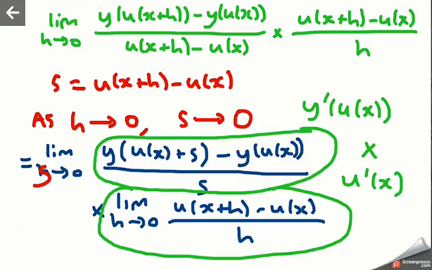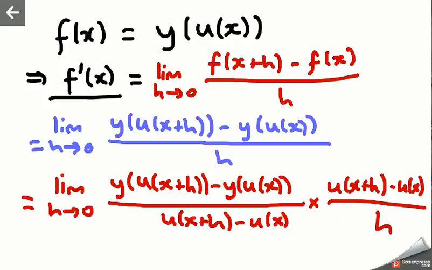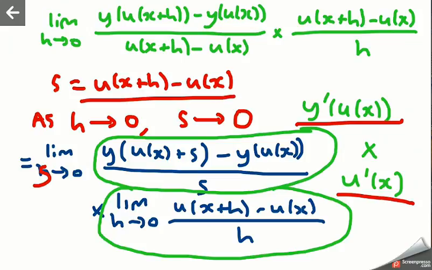And so what we started out calculating was f prime of x, and we showed that in fact it must be equal to y prime of u of x times u prime of x, given our assumptions about this thing never being 0 on some small enough interval of u of x, and also that as h goes to 0, this thing gets closer and closer to 0. Those are the two really important assumptions. And all the functions we meet in high school, for now, will probably fit that assumption. We'll make a big deal of it when it doesn't, don't worry.